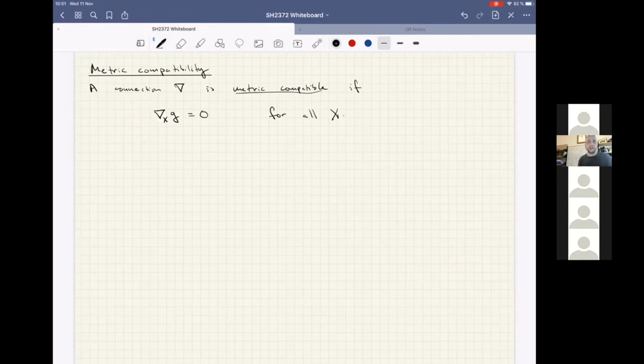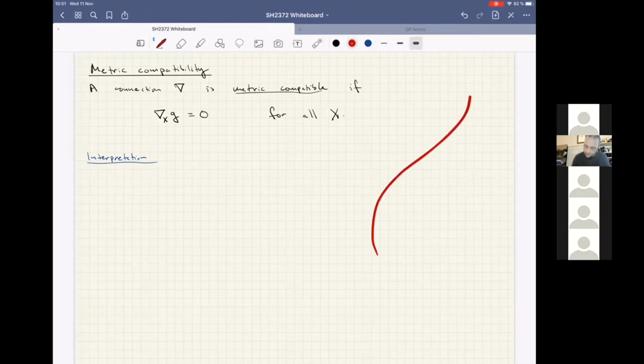And this also has a further interpretation. So this is kind of the basic definition. But if we look at the interpretation here, so let's see what it means for two parallel transported vectors. So let's take a curve.